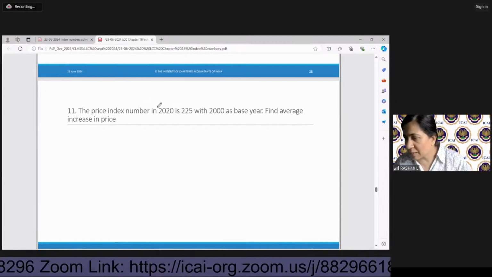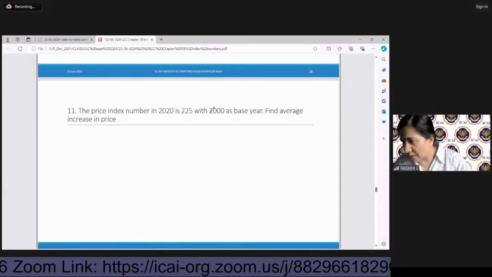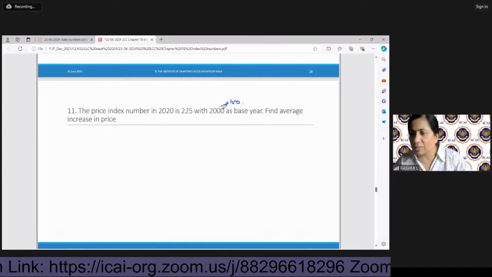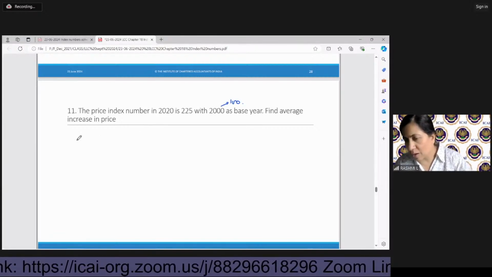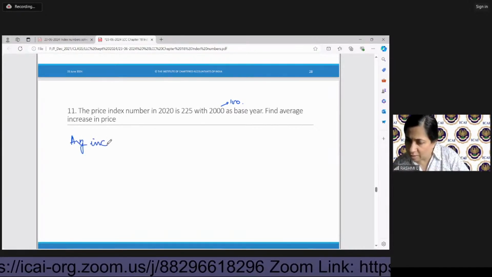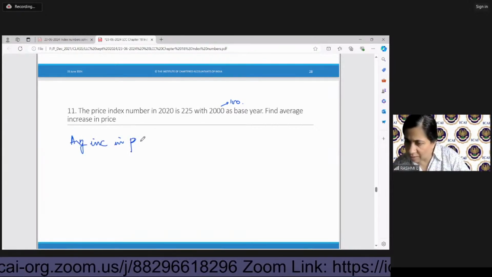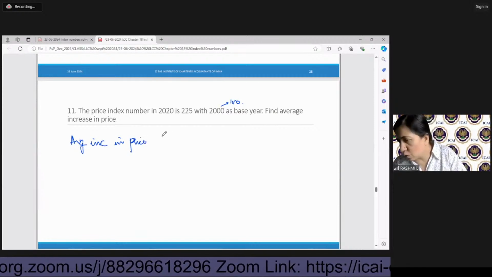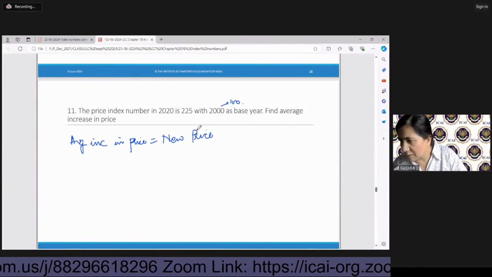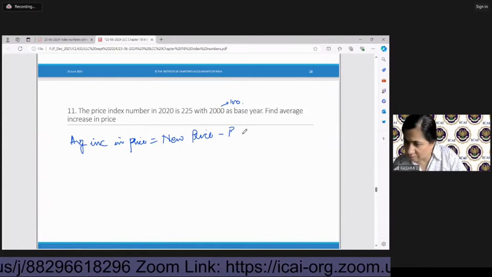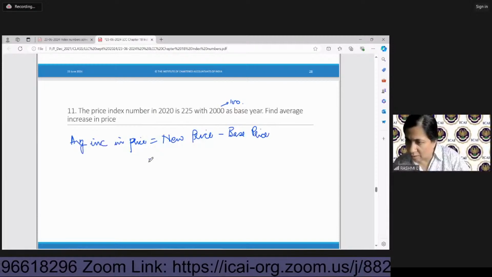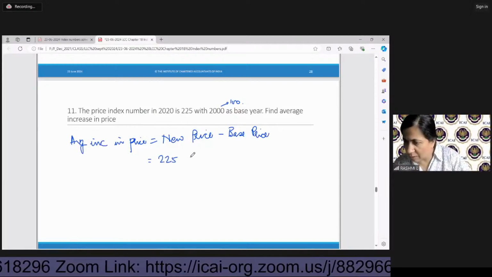Then the price index in 2020 was 225 with 2000 as the base year. Again, this is 100. Find the average increase in the price. So, average increase in price is equal to new price minus base price. 225 minus 100.